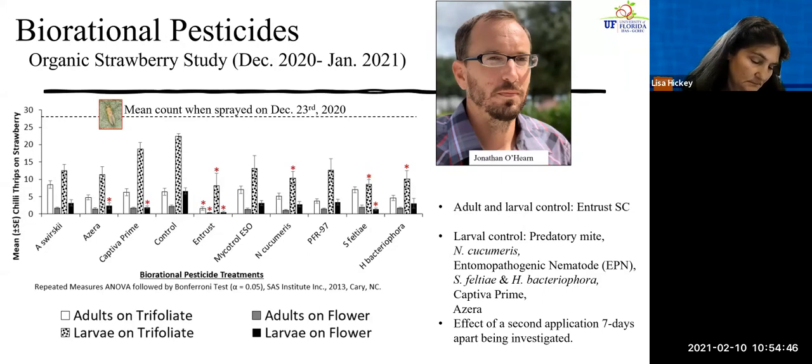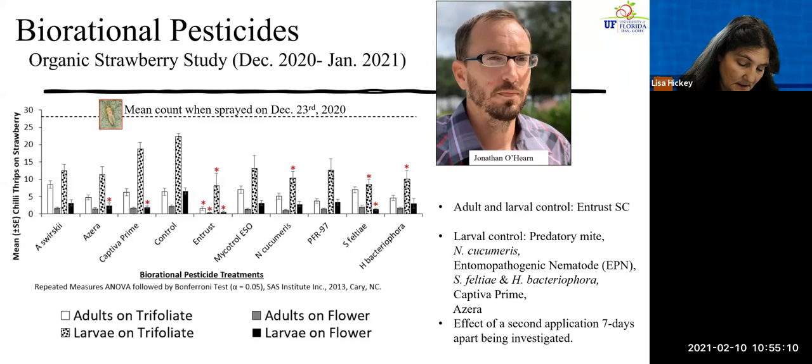And so far, after data analysis, we have concluded that there are good opportunities that can be explored further. For example, the adult and larval chili thrips were effectively controlled by Entrust. And the larval chili thrips were effectively controlled by the predatory mite Neoseiulus cucumeris.